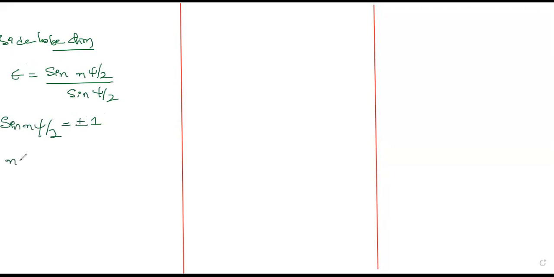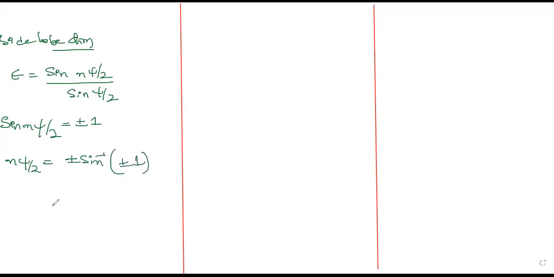So it is n xi by 2 is equal to plus or minus sine inverse of plus or minus 1.